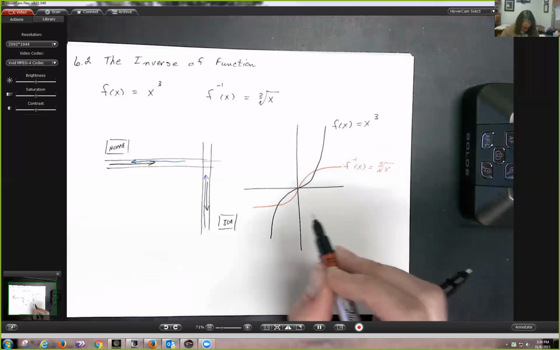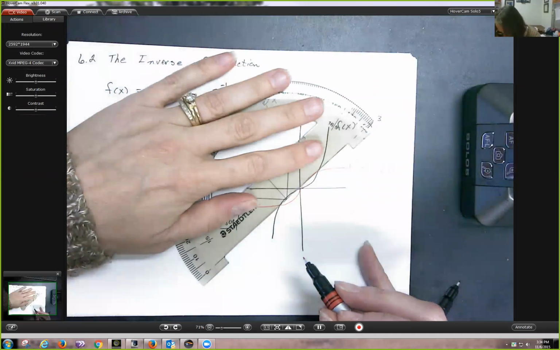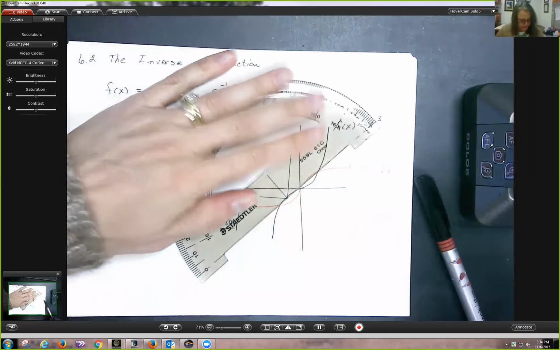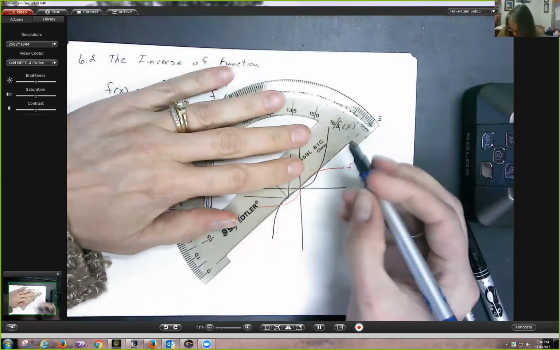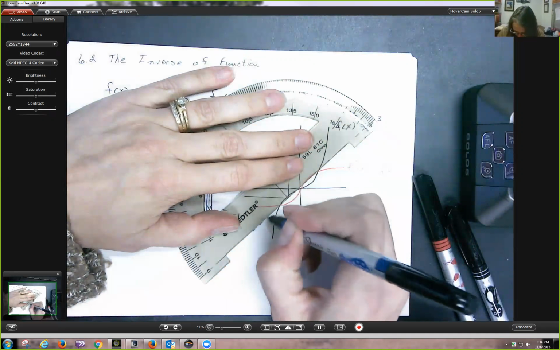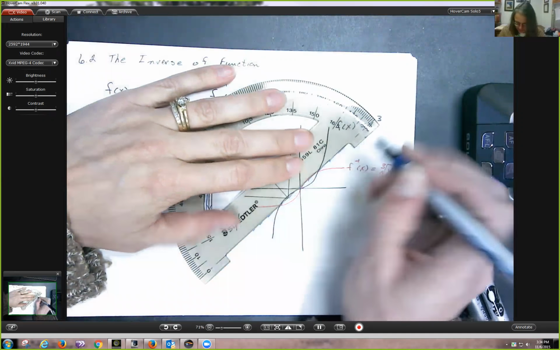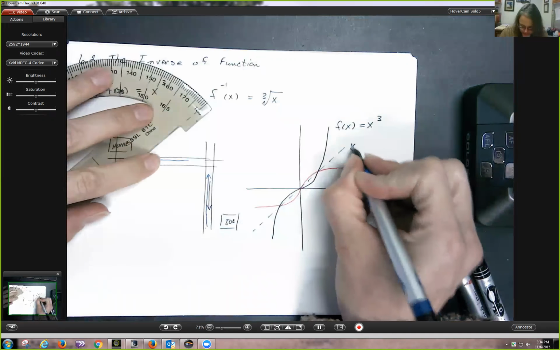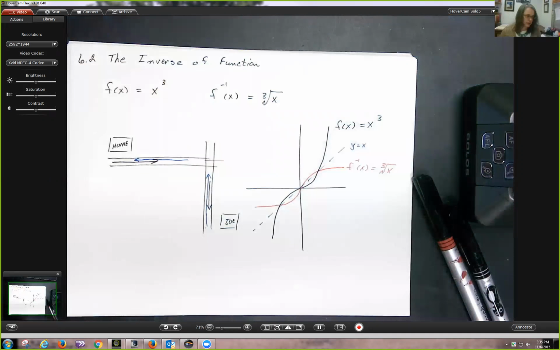When you graph a function and its inverse like I just did, if you draw very carefully, you will have a line of symmetry along this diagonal line. This diagonal line is actually the line y equals x. And it forms a mirror plane between a function and its inverse.